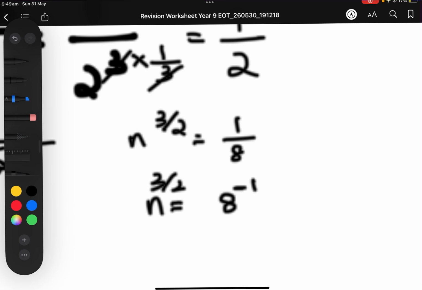Or else you can just send this power towards the other side.